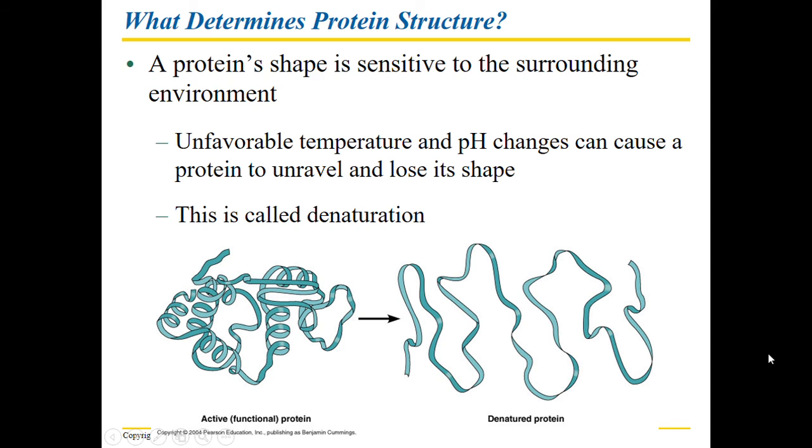So what determines protein structure? A protein is sensitive. It gets its feelings hurt very easily. But no, it is sensitive to its surroundings and due to different hydrophilic and hydrophobic properties and all that good stuff. If a protein is put in unfavorable temperature or pH, that protein will unravel and it will lose its shape, and that's called denaturation.